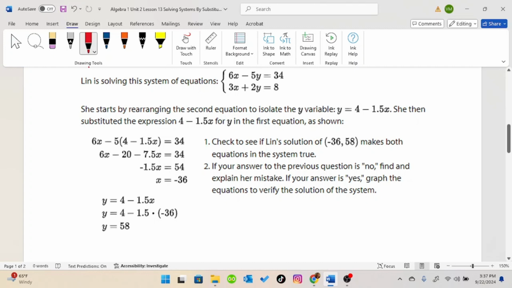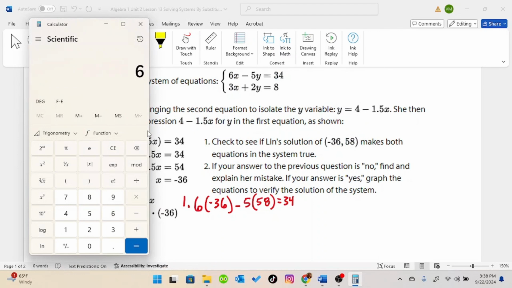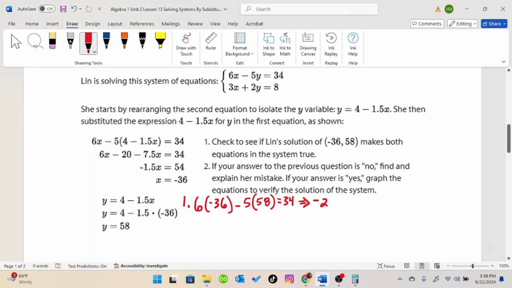So the first thing we'll do is check her solutions. That would be 6 times negative 36 minus 5 times 58 equals 34. Six times negative 36 equals negative 216.